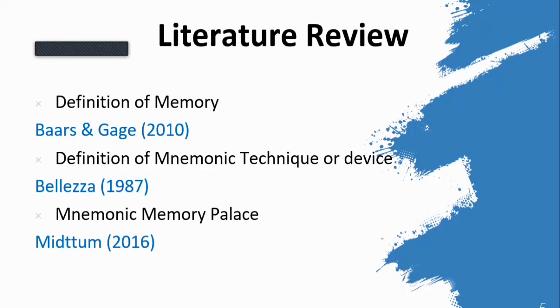Midterm states that the simplest form of a memory palace is a room, because rooms can be used to make up your imagination by pegging information into them. A peg can be a location, an object, or furniture that exists in a room of the memory palace.